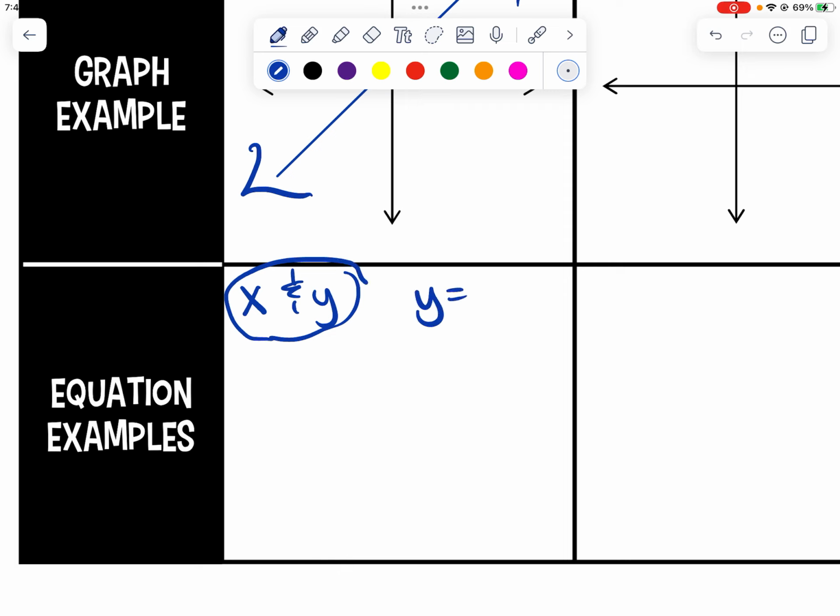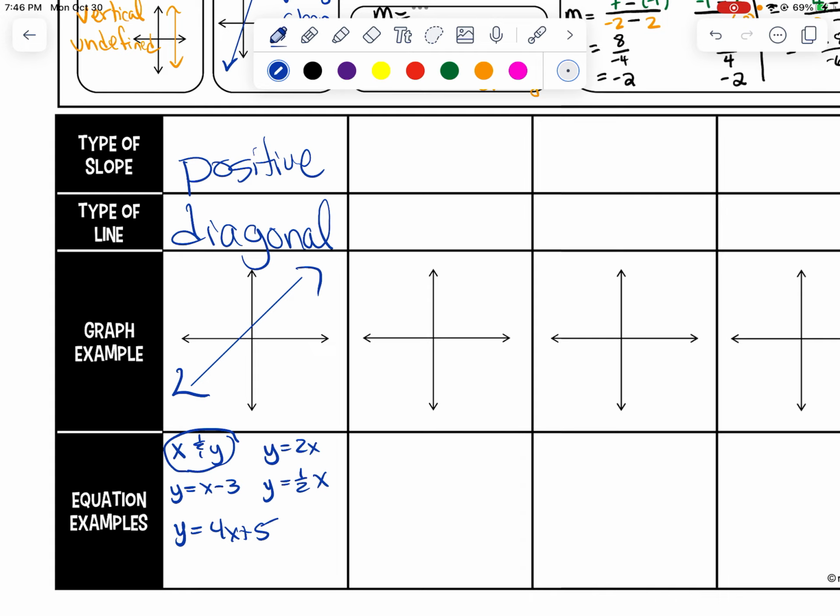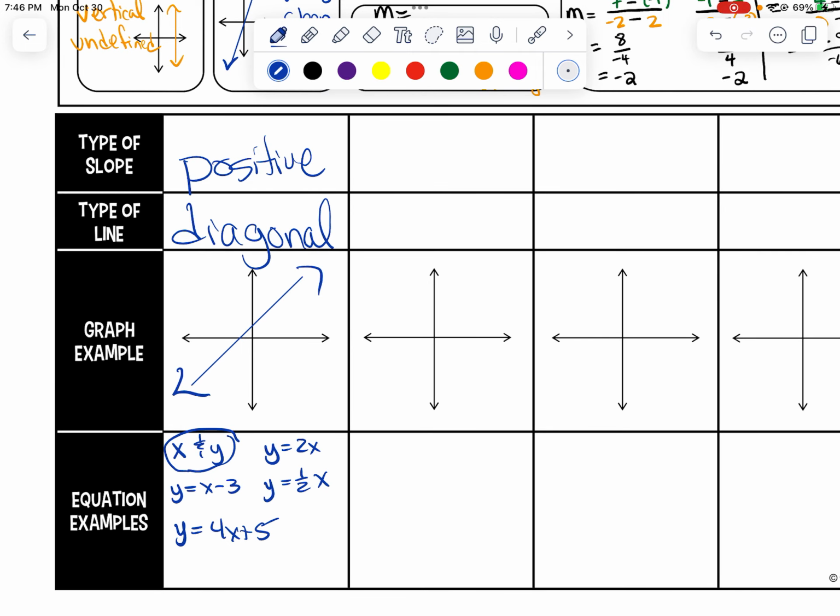You could have y equals 2x. You could have y equals x minus 3. You could have y equals 1/2 x. Y equals 4x plus 5. Anything like that would be a positive.